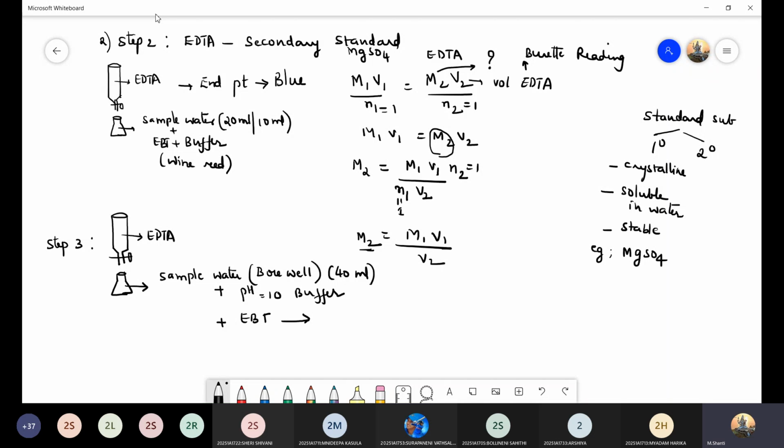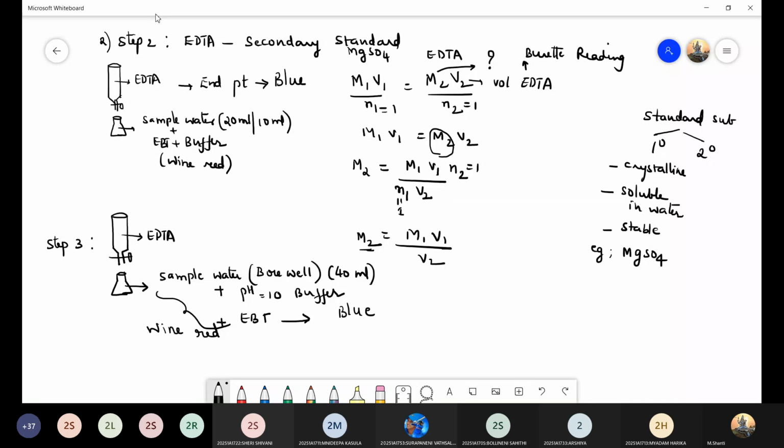Then it will be titrated with EDTA to get a blue color. So always remember that you get wine red in your conical flask. When you titrate with EDTA, you get a blue color. So you have to titrate till you get a blue color. Here this entire solution is wine red.